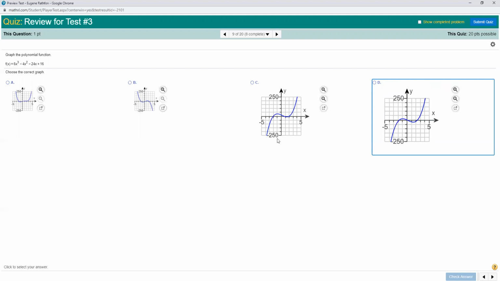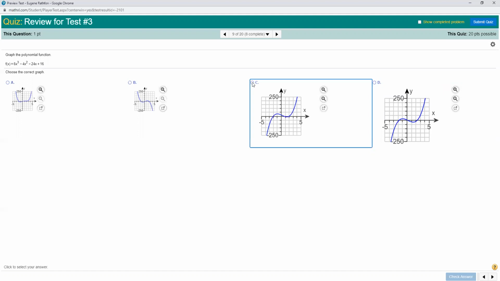So 16, that's pretty close to looking like a 16. This one looks like it's crossing the y-axis right at the 0. We needed to cross at the 16, so we got to pick C. So when you got two graphs close like that, look at that last number because that's going to be your y-intercept and see which one's crossing at 16.